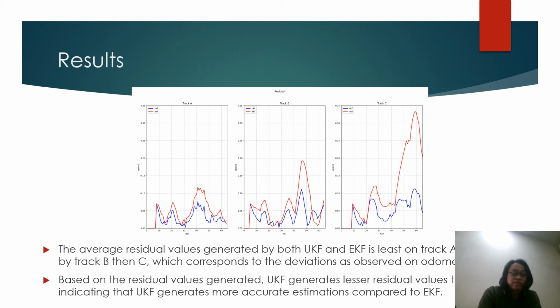Hence, it corresponds with the deviations as observed in the odometry plotting. Based on this plotting, for all three tracks, UKF generates lesser residual value compared to EKF, indicating that it made a more accurate estimation compared to EKF.